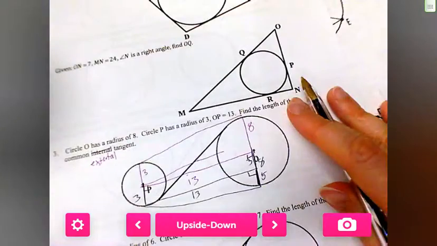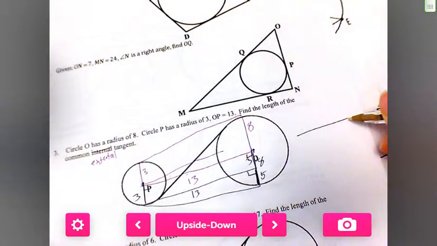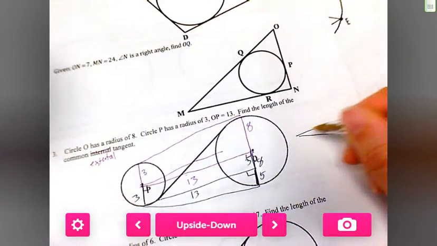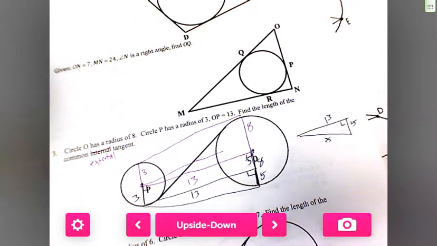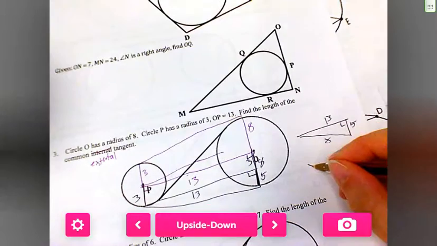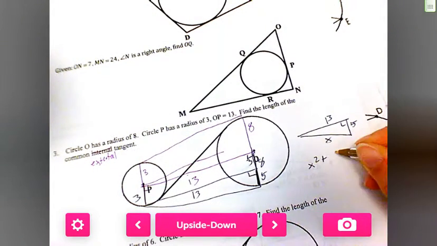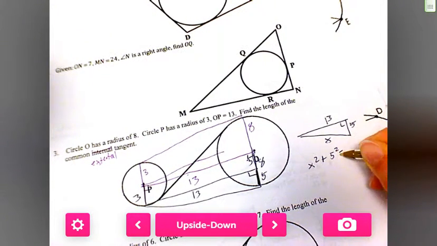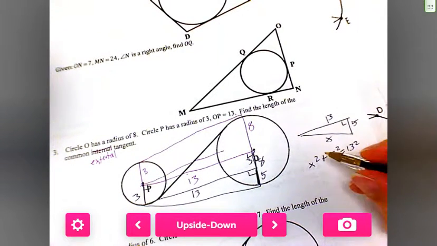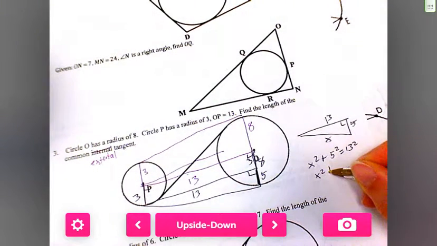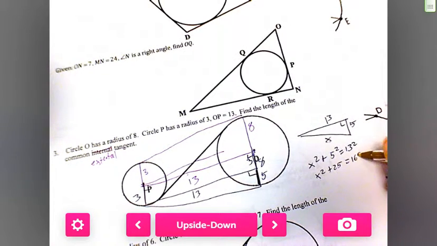So we end up with this right triangle where this is 5, this is 13, and I'm going to try to find x. So x squared plus 5 squared equals 13 squared. I'm going to get x squared plus 25 equals 169.